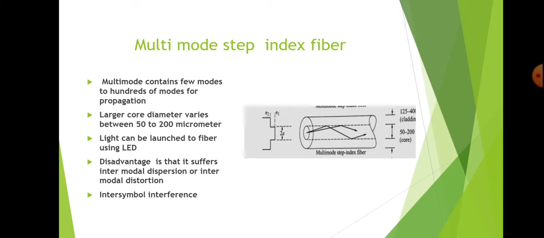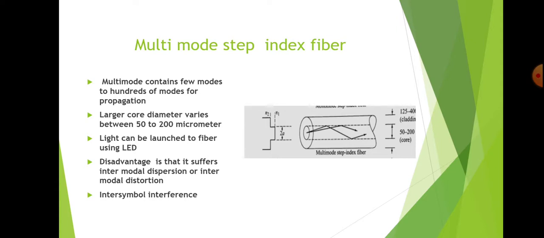So the different modes travel at different velocities through the fiber, and this means that modes in a given optical pulse arrive at the fiber end at slightly different times. So this causes the pulse to spread out in time as it travels along the fiber. This effect is known as intermodal dispersion.